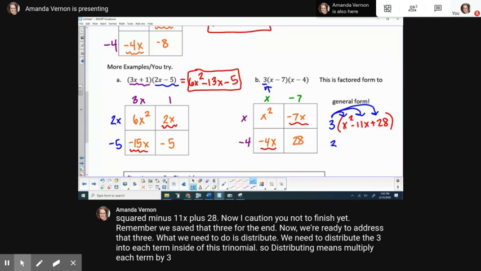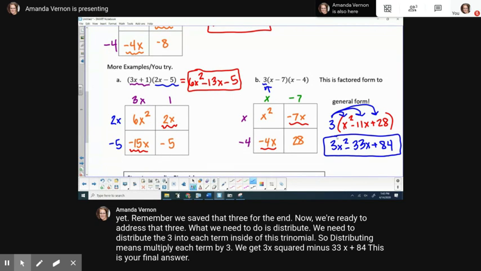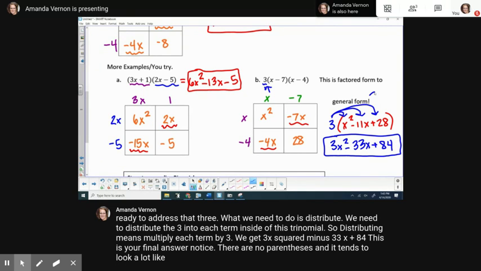We get 3x squared minus 33x plus 84. This is your final answer. Notice there are no parentheses, and it tends to look a lot like our general form, which we've recently learned.